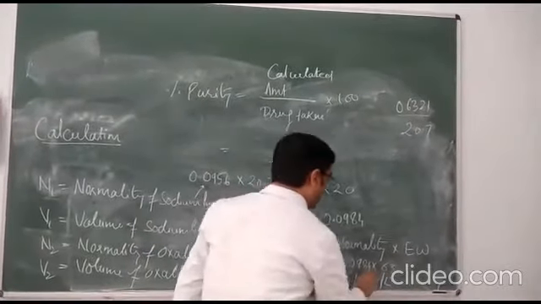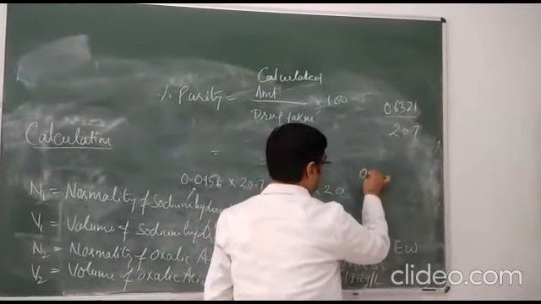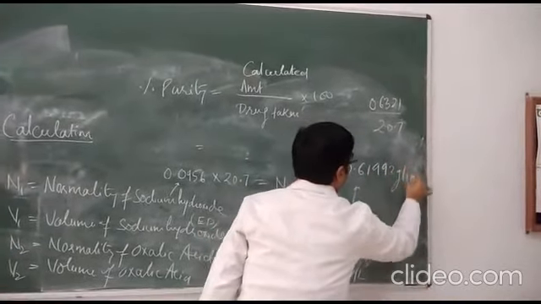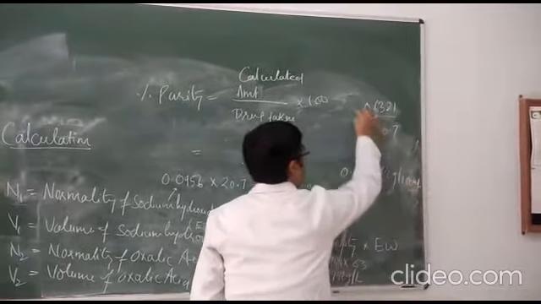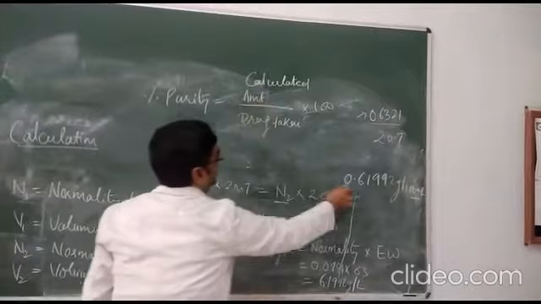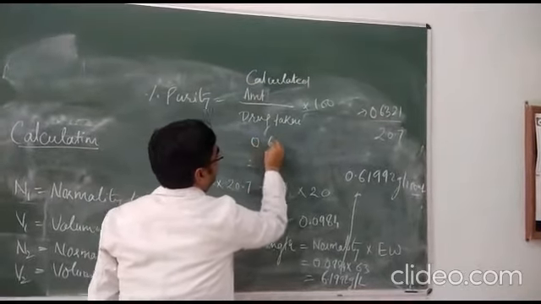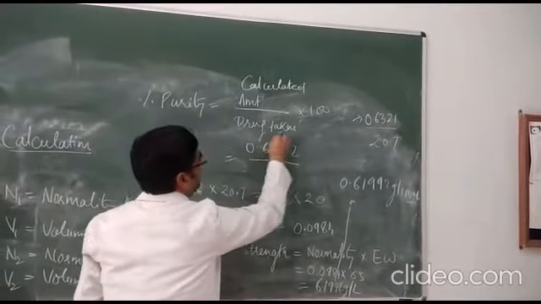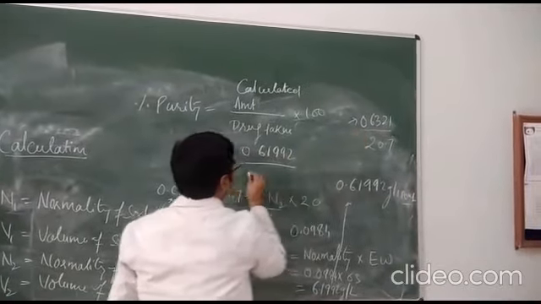So we will convert it into 100 ml: 0.6199 gram in 100 ml, because we have taken 0.6321 gram in 100 ml. So the calculated amount is this 0.61992 and the drug taken is 0.6321.